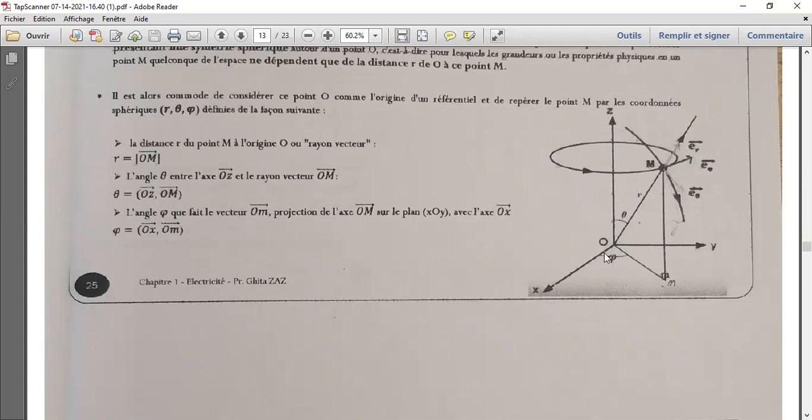Then the angle phi on spherical is the one which behaves as the angle theta on cylindrical. Most people confuse this because they think the theta in spherical and the theta in cylindrical are the same, but in the actual sense, they are not the same.